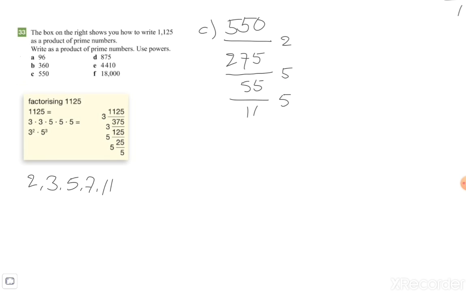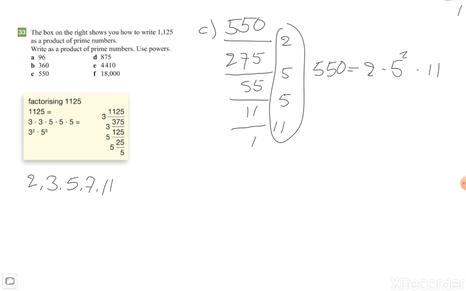And 11 is a prime number itself, so we know that we can divide it immediately by 11, and that's 1. So that's one of the things that you need to know. If you see a prime number, you already have the answer. So we can write down 550 as 2 times 5 squared times 11.